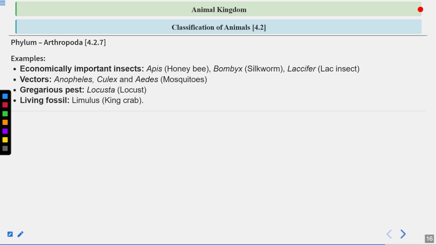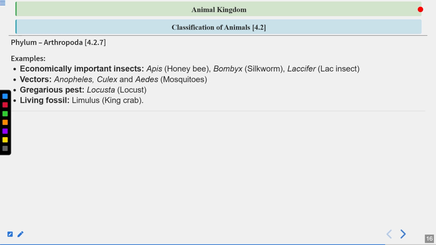Living fossil: Limulus, king crab. Very important. What is the meaning of living fossil? Living fossil means there is no change in the organism for many years. No change means no evolution is taking place in that particular organism, and that organism becomes very important.